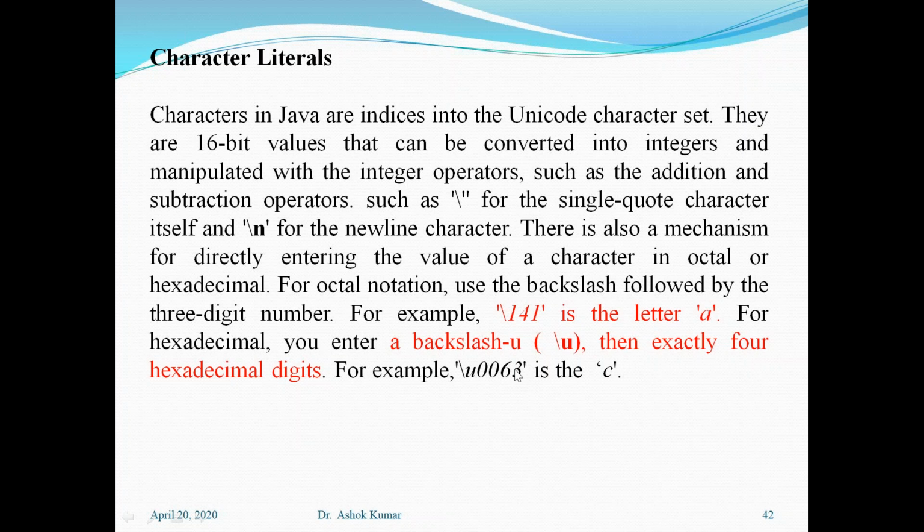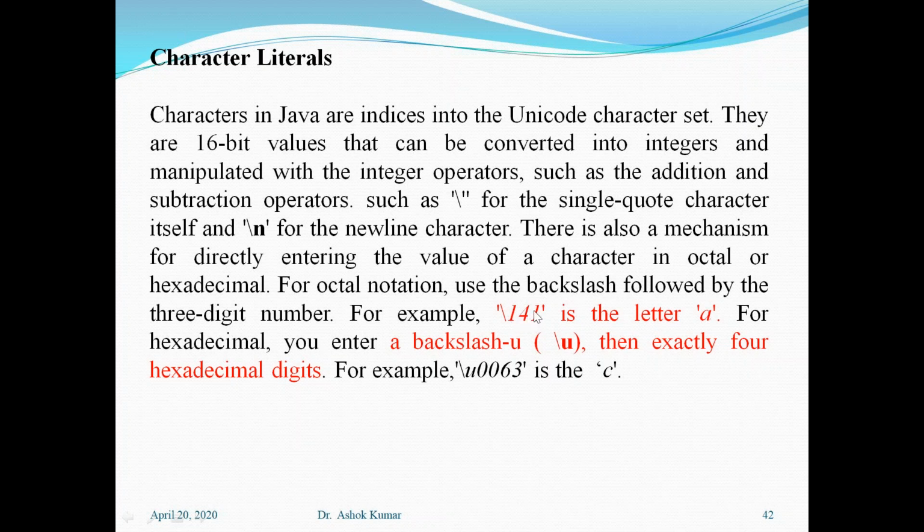If you convert this hexadecimal to decimal, you will get the result 99, and 99 is equivalent to C.